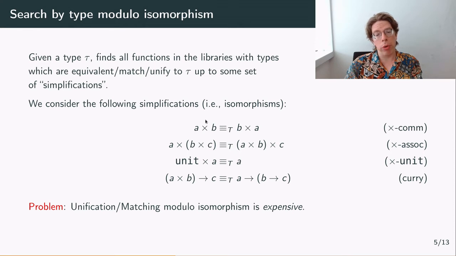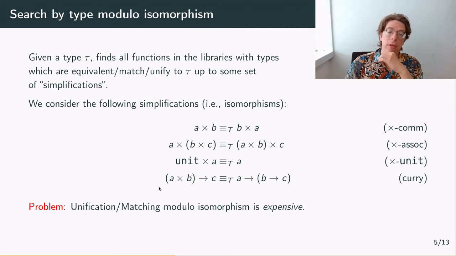First, we're going to consider tuples as commutative and associative. We're going to consider unit as the neutral element on tuples. And finally, we will consider types up to currying. So here it takes tuple A, B and returns C, or A returns B returns C. And those two types are considered equivalent here.